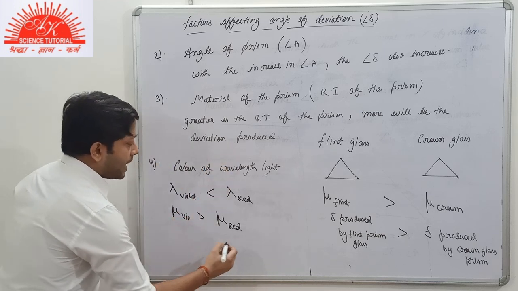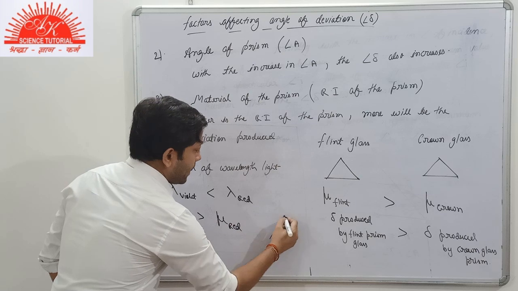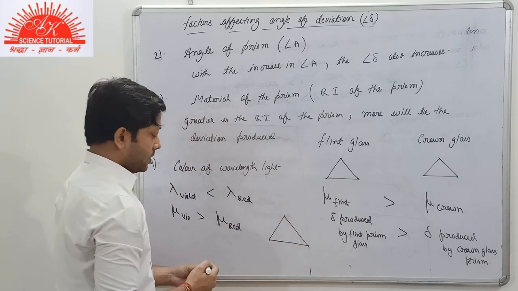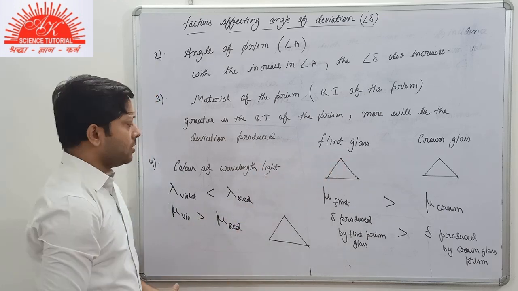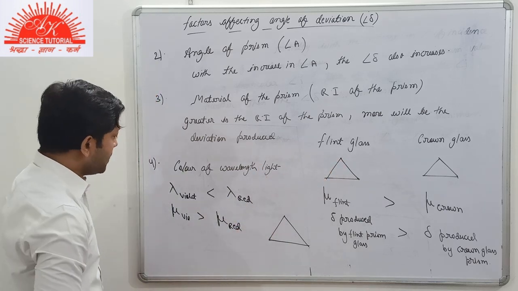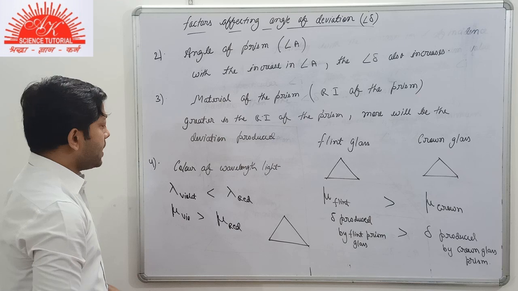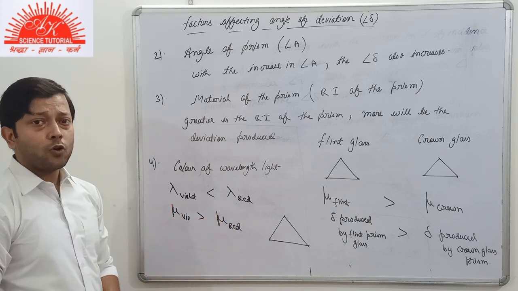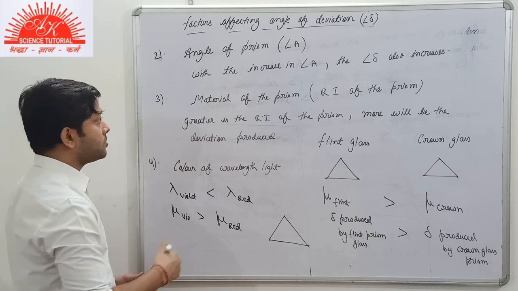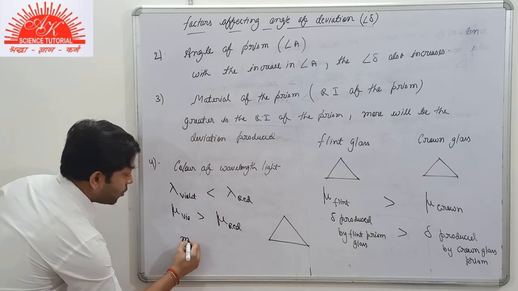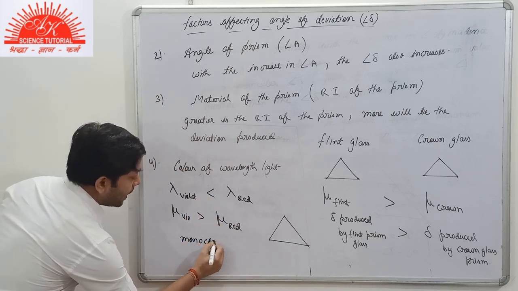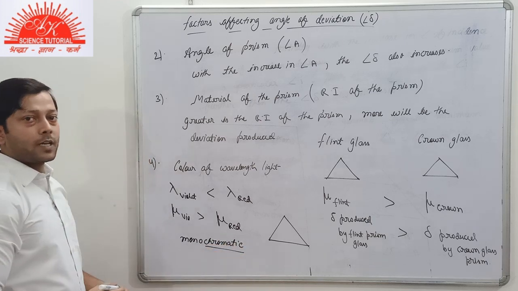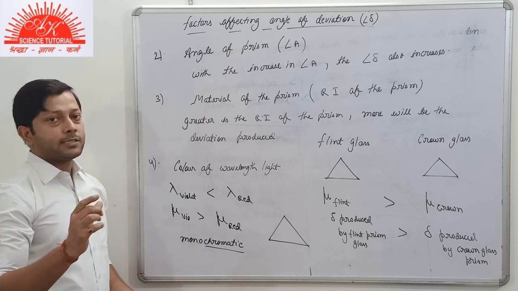So suppose that we have a prism that is made up of flint glass, crown glass or regular glass. If we have the same prism and one by one we use monochromatic light, as the term sounds, chromatic stands for color of light, and mono means single.